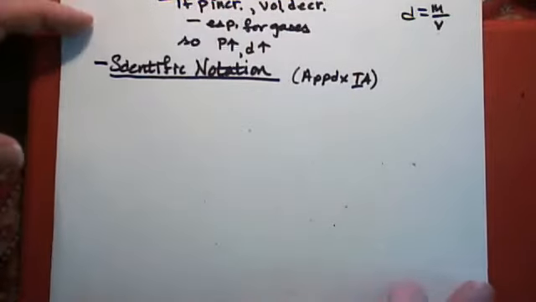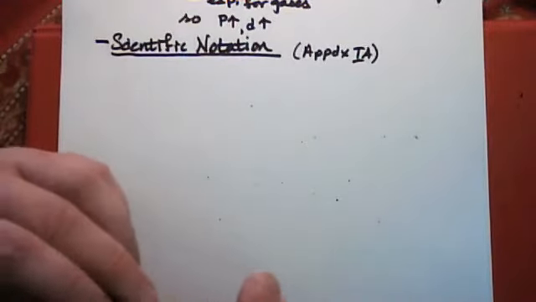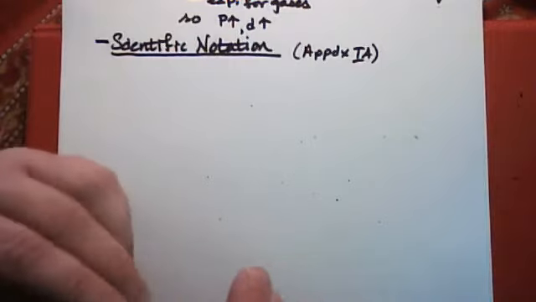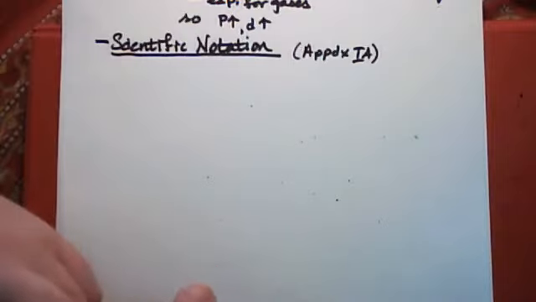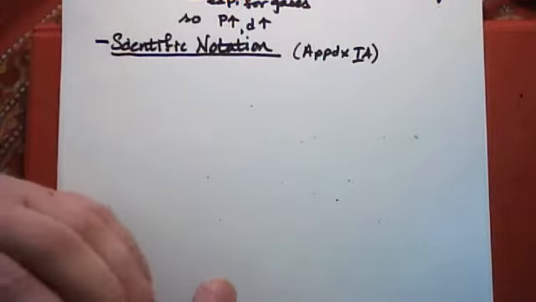Scientific notation is very useful in science because of the fact that the magnitudes of the kinds of things that we deal with very frequently in science are either very, very large or very, very small compared to everyday items. Scientific notation allows us to express those quantities in ways that are more convenient than the usual kind of number that we would normally use, which again is called the decimal form of a number.